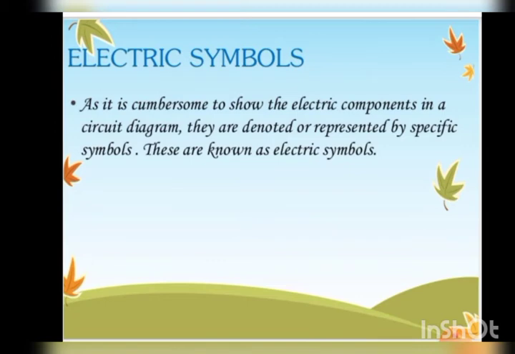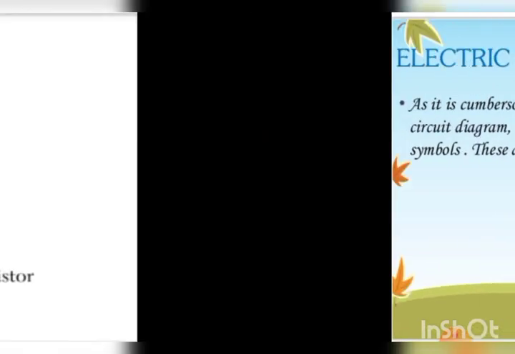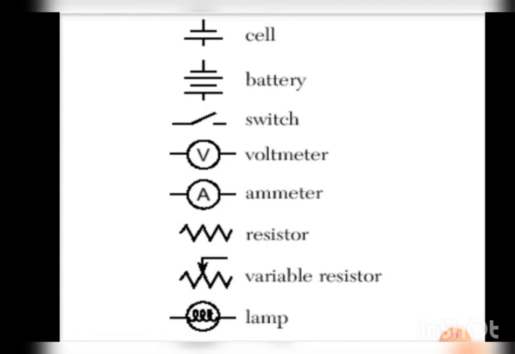Now these components can be represented with the electrical symbols. For example, cell, then a battery. How to represent a cell, how to represent battery, then how to represent switch, then voltmeter, which is used to detect the voltage, then ammeter is used to measure the current, then resistors, then lamp or a bulb. Okay, these are the symbols used in an electrical circuit diagram.